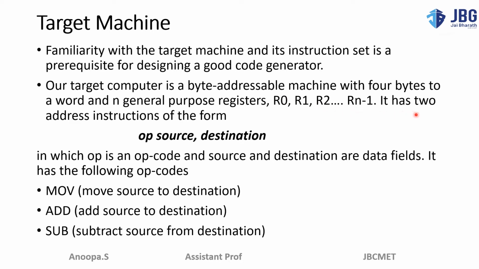It also has two address instructions of the form opcode, source and destination, and the following opcodes are available: move, which moves an operand from source to destination; add, which adds a value from source and destination; and subtract, which subtracts the value between source and destination. So we are assuming these conditions: one, it is byte addressable, then these are the registers available, two address instructions are there, and these are the opcodes.